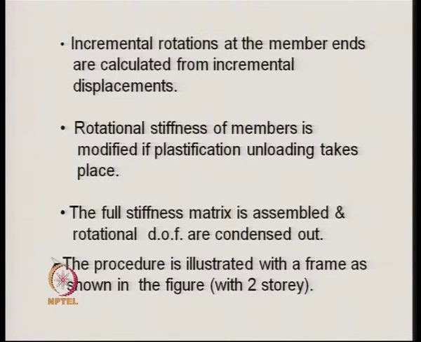But first, after we have obtained the incremental displacements, we calculate the incremental rotations from the relationship that exists in the process of condensation.